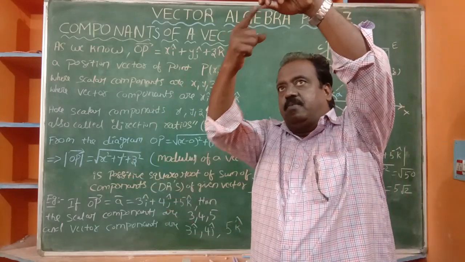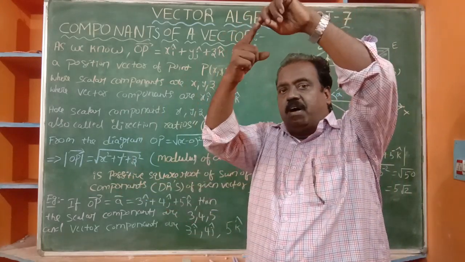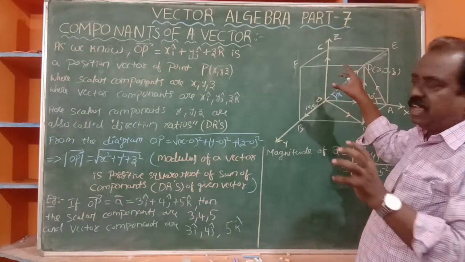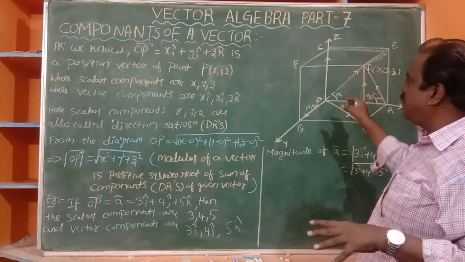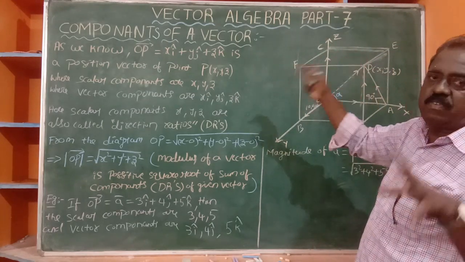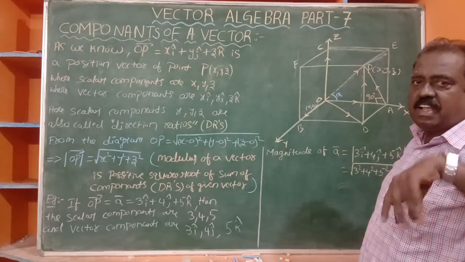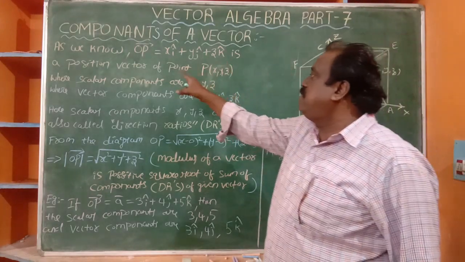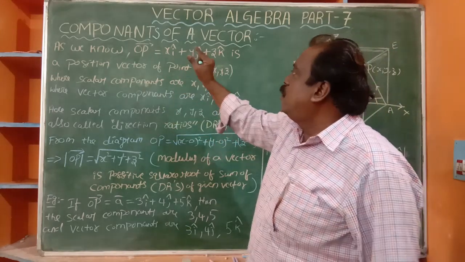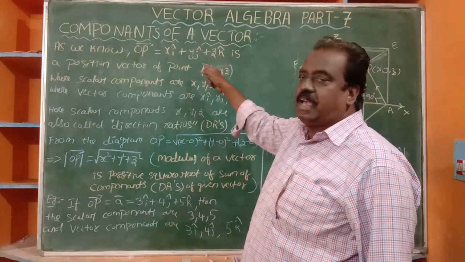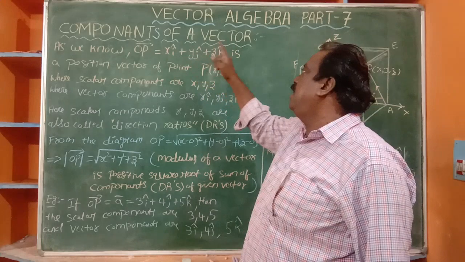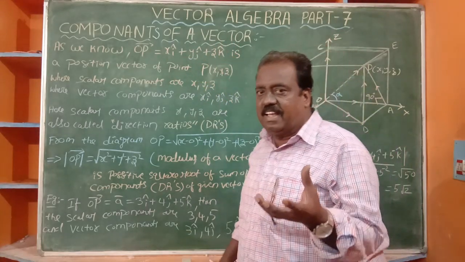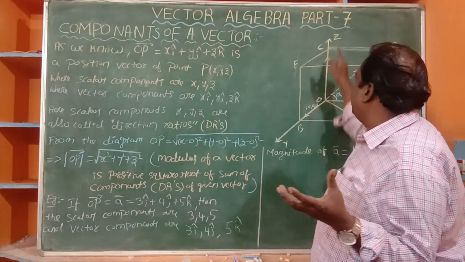OP bar. I will give all the information about this diagram and how we get x i cap plus y j cap plus z k cap. So OP bar, where P is a point, is x i cap plus y j cap plus z k cap, where i cap, j cap, k cap are the unit vectors along the x, y and z axes.